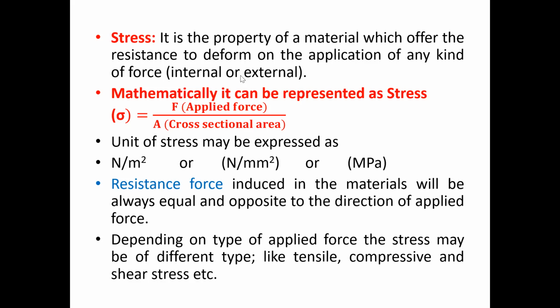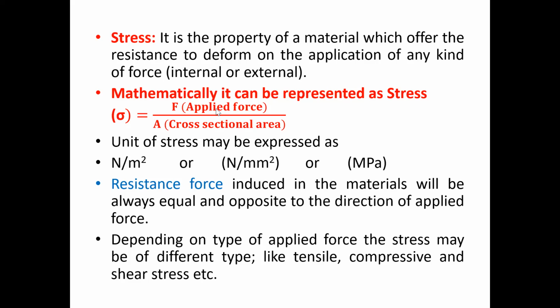Mathematically it can be represented as sigma equals F upon A, where F is the applied force and A is the cross-sectional area. Sometimes we explain this as stress is the applied force or resistance force. देखो मैंने यहाँ पे applied force लिखा है. Why have I written this applied force? It is always equal to the resistance force which I am talking about here.